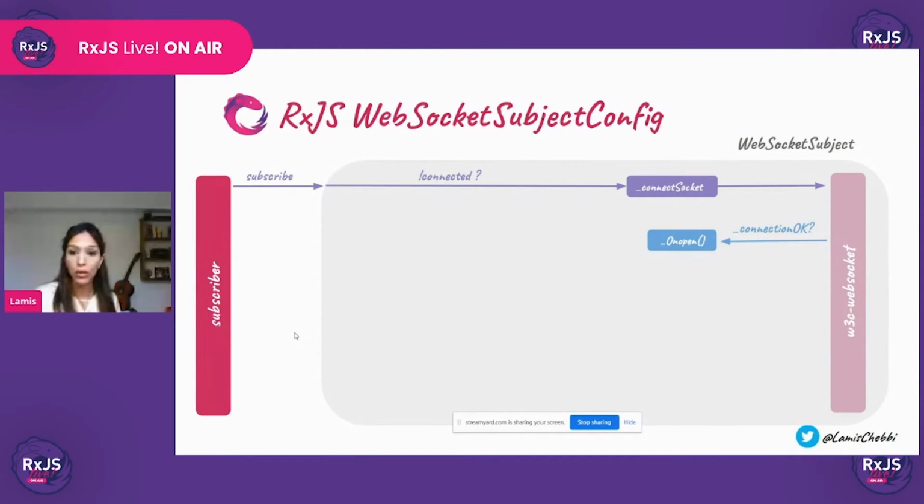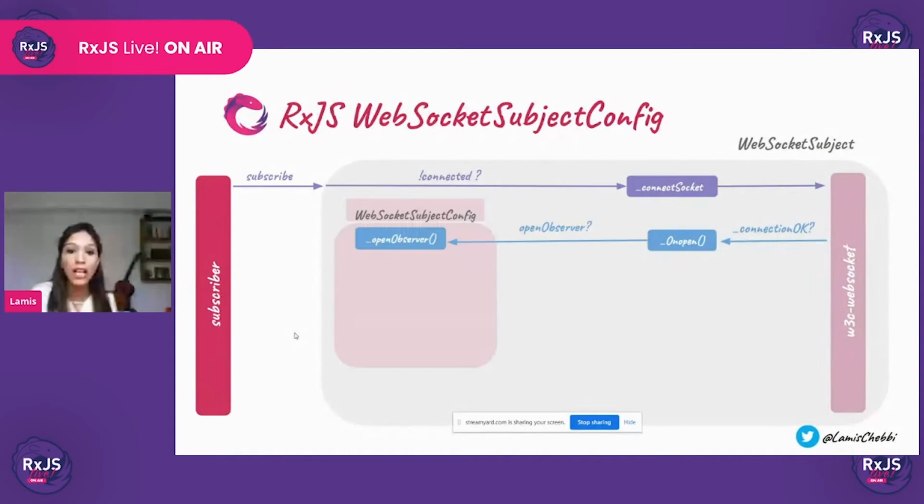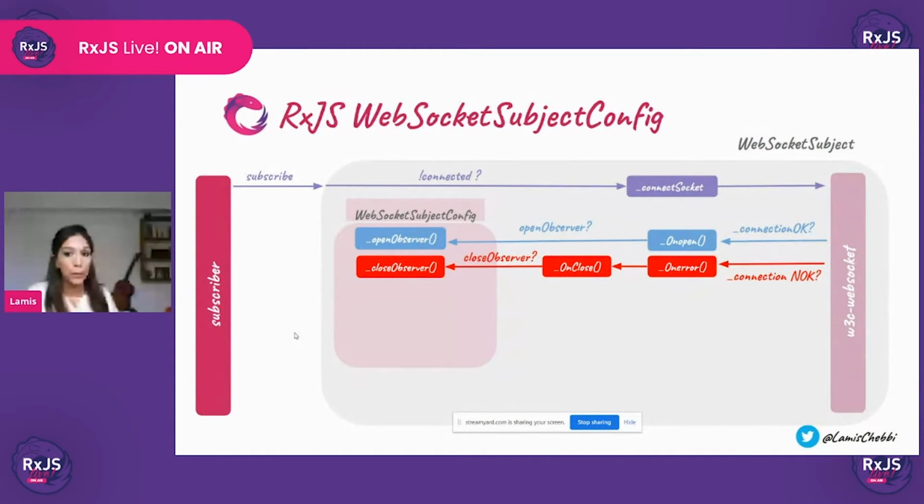Once the connection is okay, the onOpen method available in the W3C specification will be triggered, and if you have provided a specific behavior in the open observer function in your WebSocket subject config, then it will be triggered. If the connection is not okay, the onError method available in the W3C specification will be triggered, and inside the WebSocket subject config, the onClose method will be called, and it will check if you provided a custom behavior in your config, which is the close observer function. If so, it will be triggered.